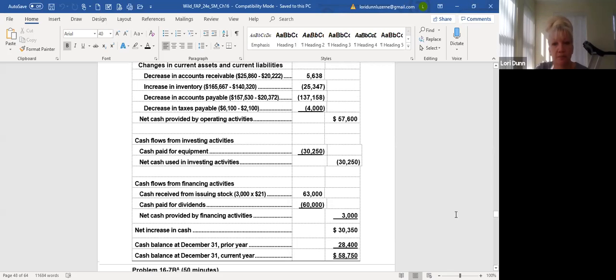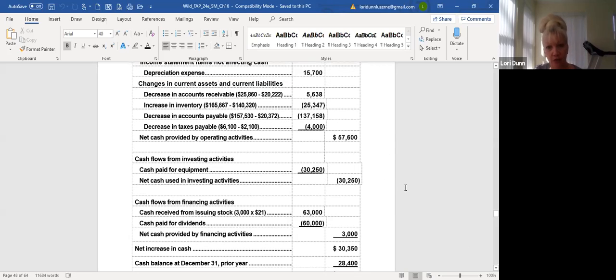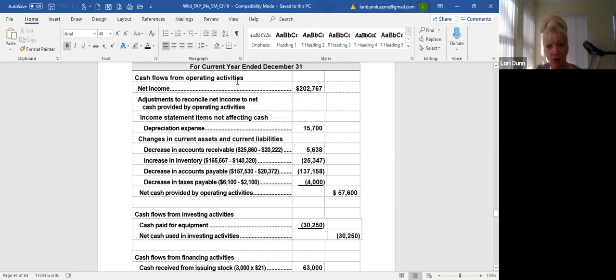Okay. So before the statement of cash flow, all we can do is look at a balance sheet and go, oh, cash increased from 28,400 up to 58,750. And that's all you really knew as a decision maker. Now, with the statement of cash flow, we could see how well the company is producing cash, because net income doesn't equal net cash.